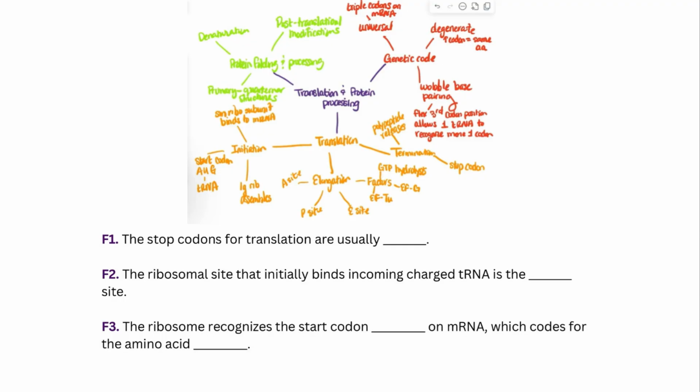We have three questions. Question number 1: the stop codons for translation are usually, what are they? You can find these in your notes.